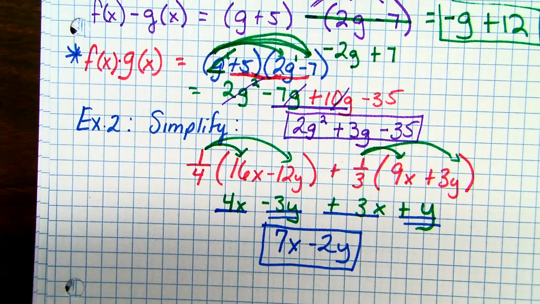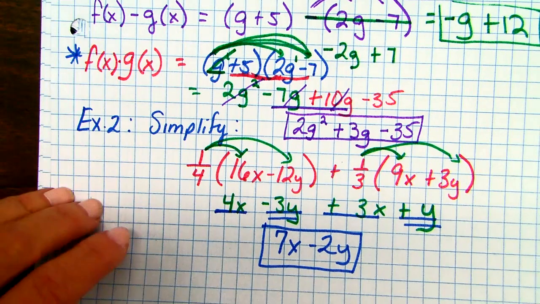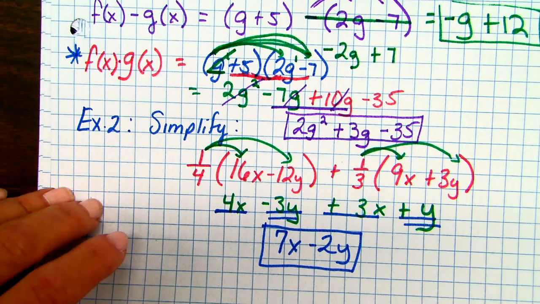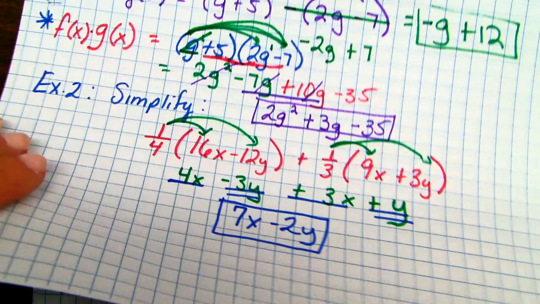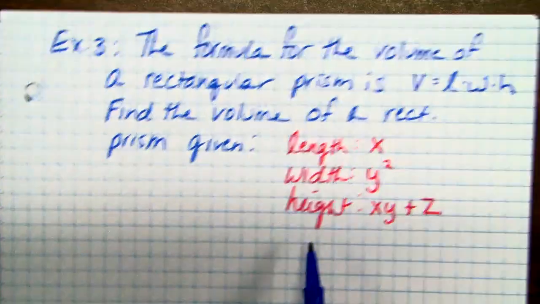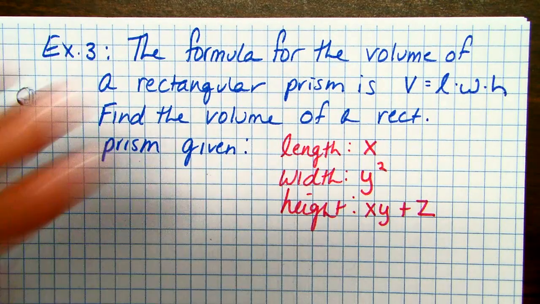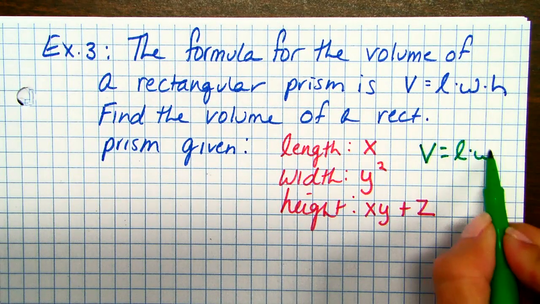We have one last problem to do. And if you don't want to write the whole word problem out, you don't have to. Let me shortcut it for you. Okay, so if you don't want to write this whole thing, write the formula, which is just spelled out in there. The formula for the volume is length times width times height.